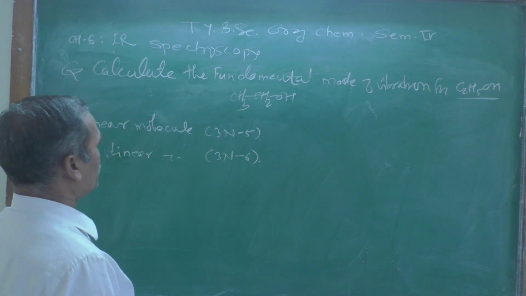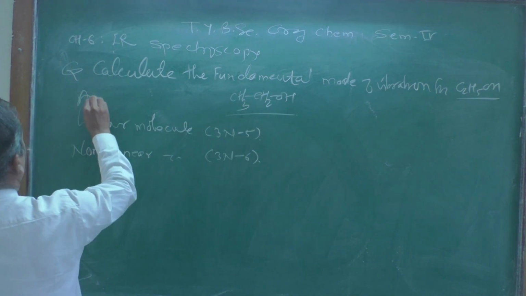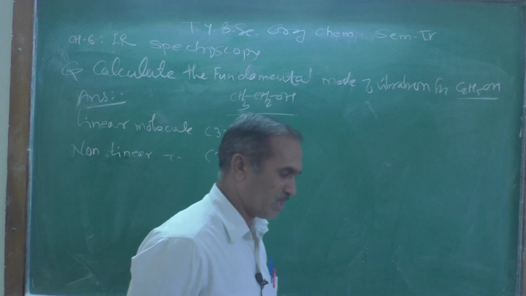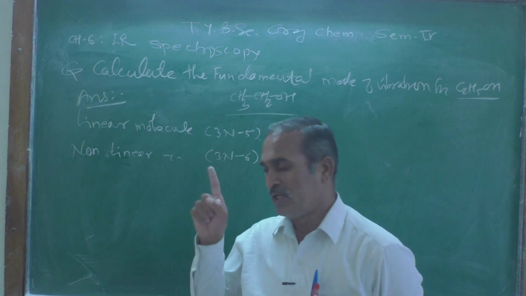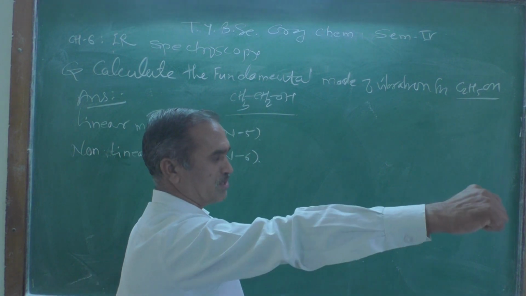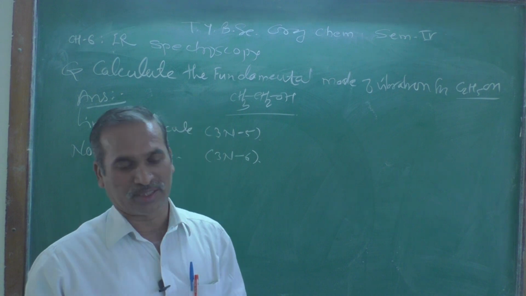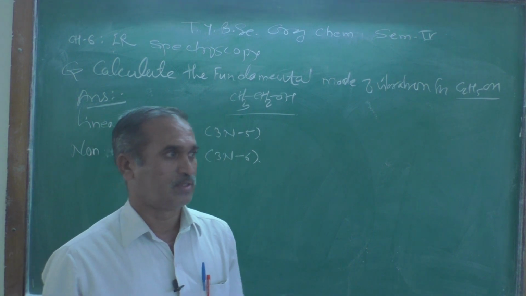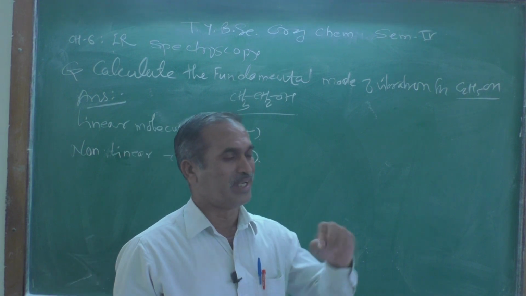So now tell me, is the geometry of ethanol linear or non-linear? Linear means a straight line, whose angle should be 180 degrees.